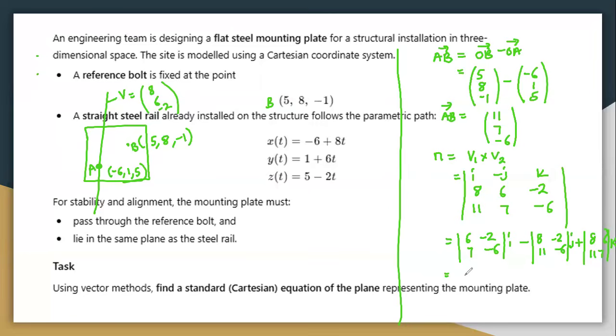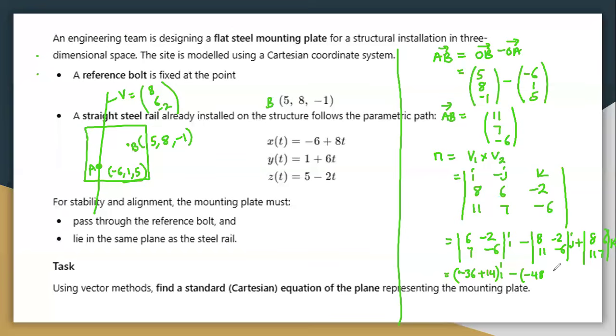Yes, so after that, for the I, we shall have 6 times negative 6, giving us negative 36. And if you realize, when you multiply 7 times negative 2, it's negative 14, so that will be plus 14. And then we shall have minus, open brackets, 8 times negative 6, that will be negative 48.